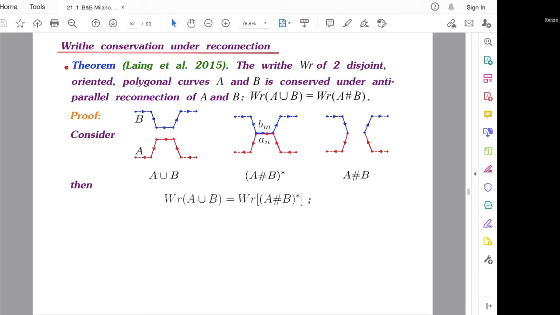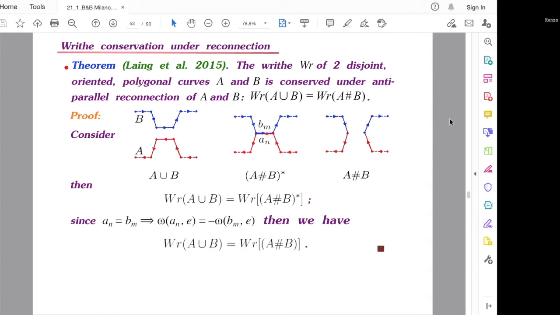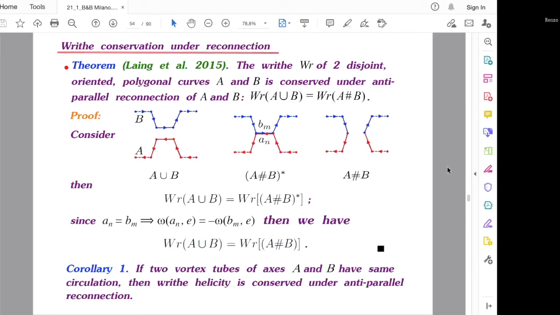So you can prove that the writhe of the disconnected components is equal to the writhe of this intermediate stage, when the components are superposed. If we are at this stage, then by spherical area consideration, you can show that these 2 oppositely oriented edges cancel out, and so you can prove that these 2 stages have the same writhe. And that is basically the proof that the writhe of the disconnected components is equal to the writhe of the connected components.